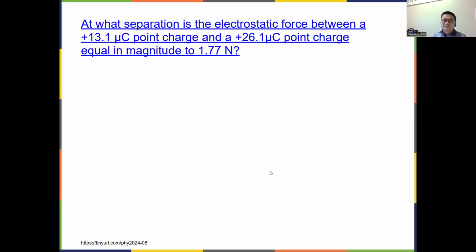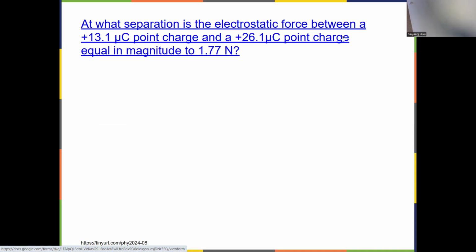All right, let's take a look at a quick example. It says two charges, 13.1 microcoulombs and 26.1 microcoulombs. The magnitude of force between these two is 1.77 newtons. What's the separation of the two? This is about the electrostatic force, so it's Coulomb's law.